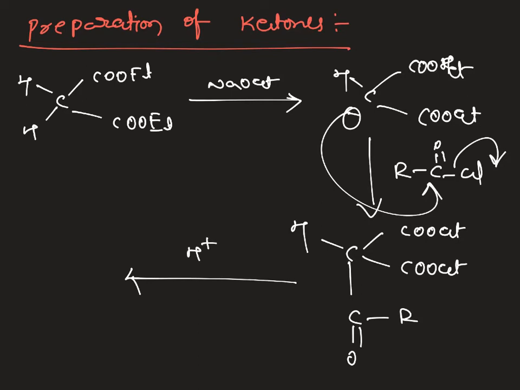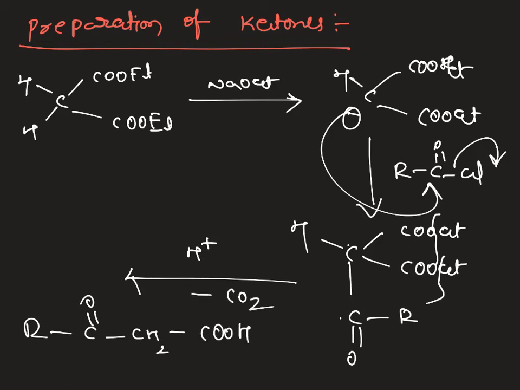And hydrolysis forms RC=O, CH2COOH by eliminating one carboxylic acid. But here it is a beta keto acid. Beta keto acids, due to the electron withdrawing nature of the keto group, also undergo decarboxylation in the acidic environment.